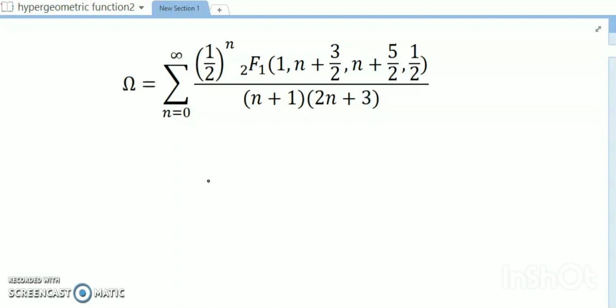So we use this formula, which you can learn in my hypergeometric short video.